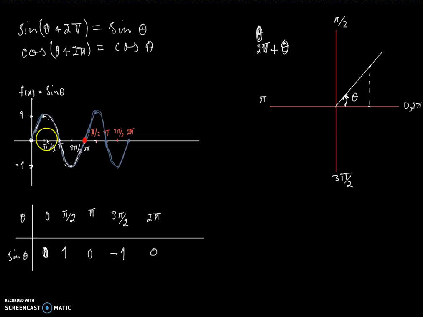So this is basically one period of the function. It means starting at 0 and ending up at the same place, again behaving in the same way. So basically this is the period of your function, which is 2 pi. So period 2 pi.